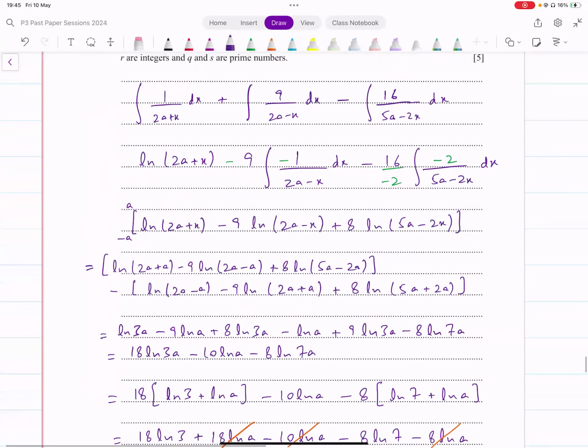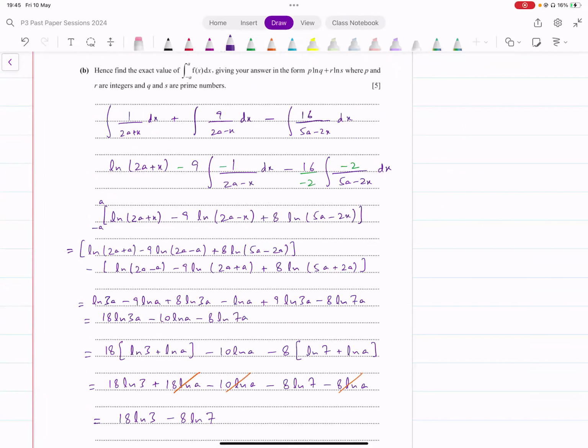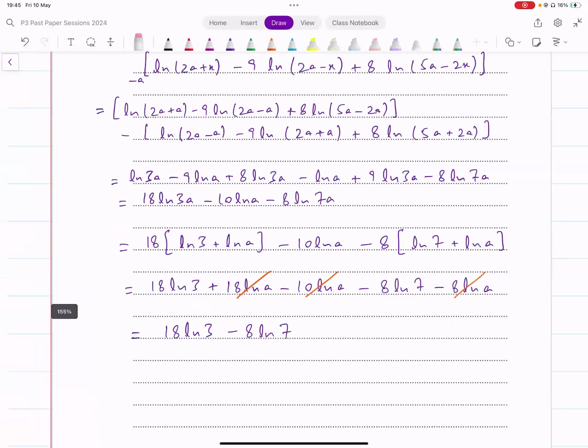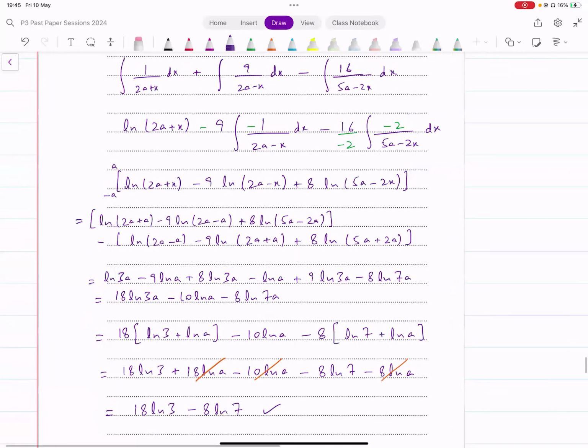And that's pretty much what we wanted. They wanted P and R to be integers, 18 and minus 8, that's all right. And then Q and S to be prime numbers, 3 and 7 are prime numbers, and that's what we wanted, 18 ln 3 minus 8 ln 7.